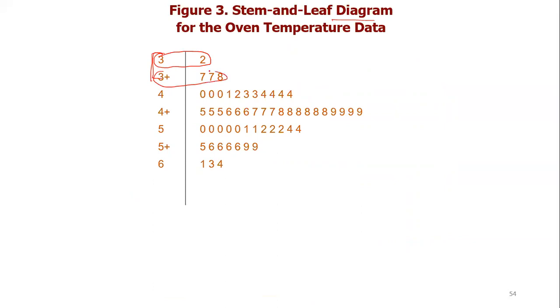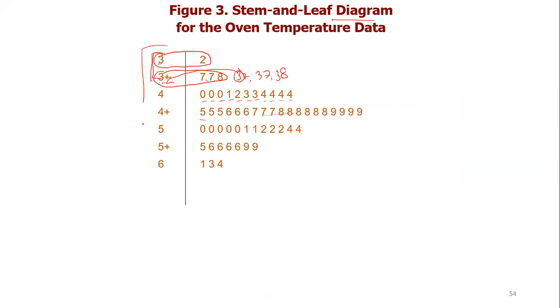And then you just write 37, 37, and 38. So you don't write the threes here. You just put the threes there, okay? So this is 32, and this is 37, 37, 38. If you just look here, this is 40, 40, 40, 41, 42, 43, 43, 44, 44, and the remaining ones are just there. Okay?